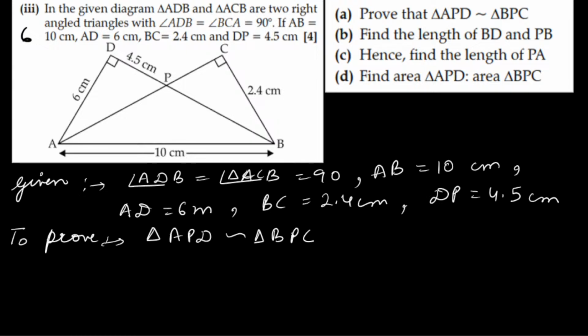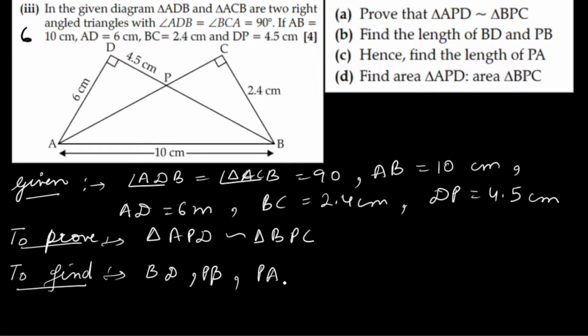Then the remaining things we have to find: the length of BD, BP or PB, the length of PA, and the ratio of the area of triangle APD to the area of triangle BPC.